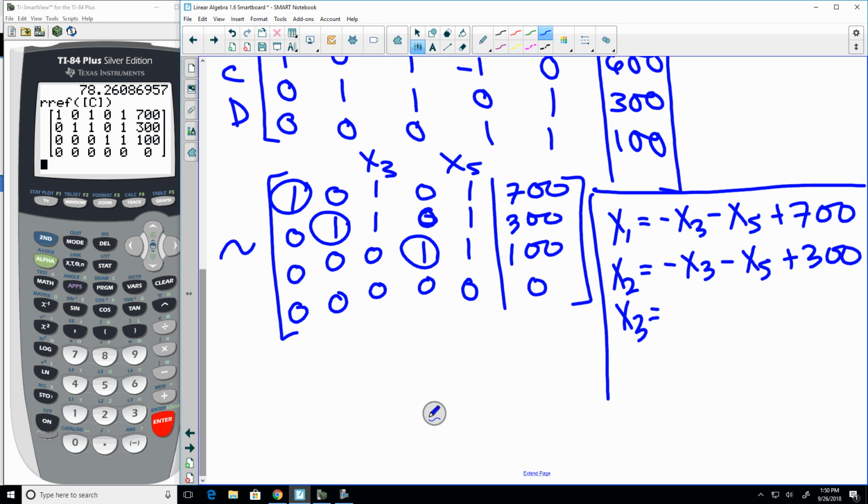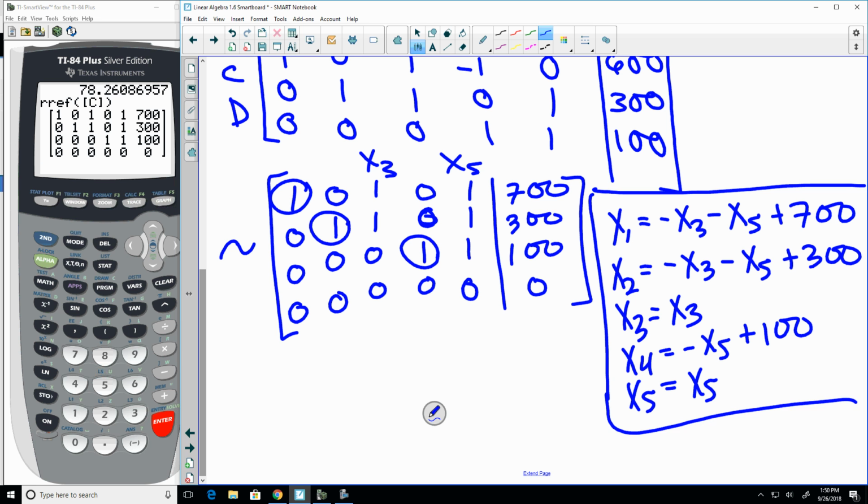X3 is free. X4 is negative X5 plus 100. And X5 is free. So there's my solution. The question just said to solve it, so that's it. We solved it for each X. That's just a part. We got more to do.